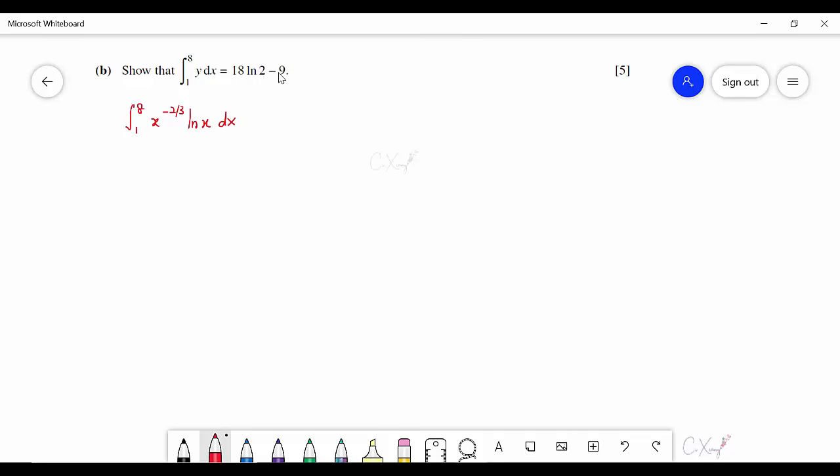Okay, so again, if you look at the question here, the integration expression, you are having two different types of function. For this one, x power -2/3, it belongs to algebra.